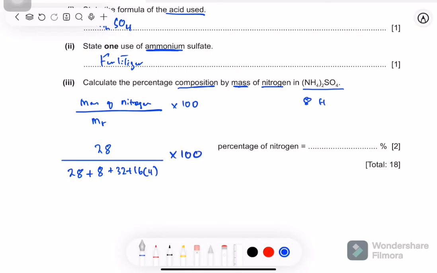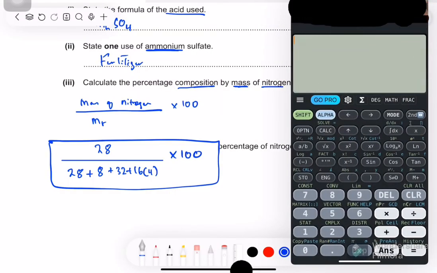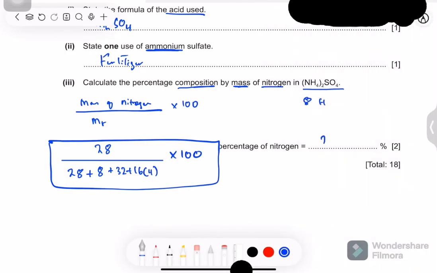Multiply by 100. You can simply put this in your calculator and you will get the answer. What is the answer? 28 over 28 plus 8 plus 32 plus 16 times 4, multiply by 100, which will give us 21.2%.